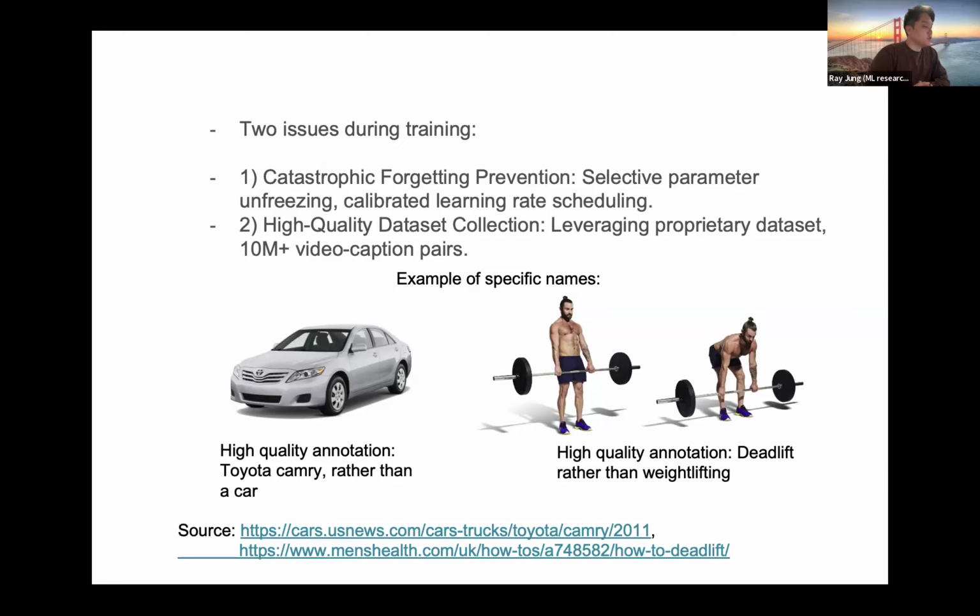These contain rich, detailed real-world descriptions, including specific names of objects. For example, this one should be annotated as Toyota Camry rather than just a car in a simple video, and with specific activity names, like annotated as deadlift rather than just weightlifting.